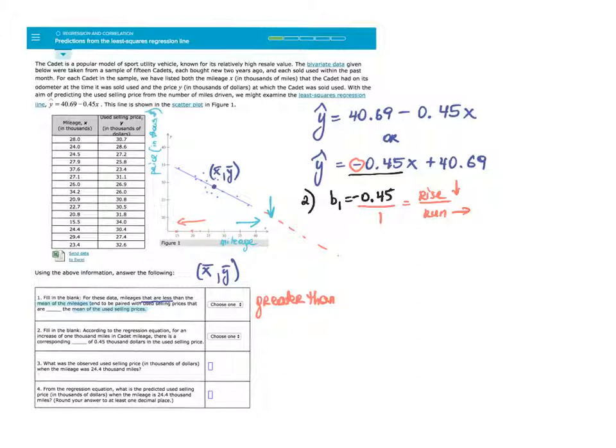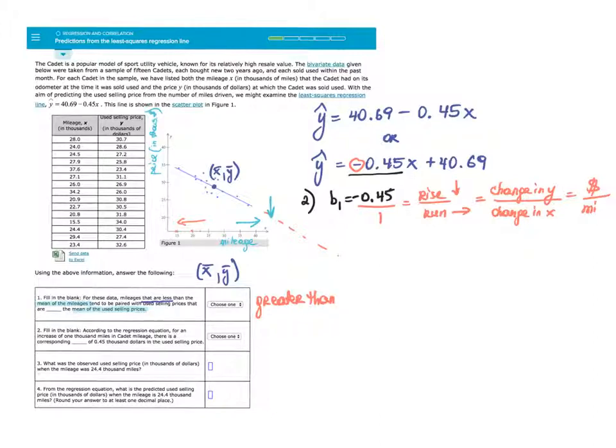I hope you still remember from our prerequisite lessons that it means in the numerator we have change in y, in our case in dollar amount, over change in x. In our case here, it's the mileage.